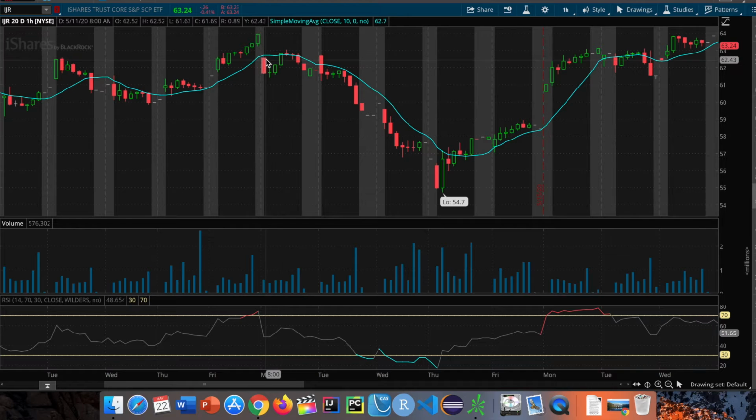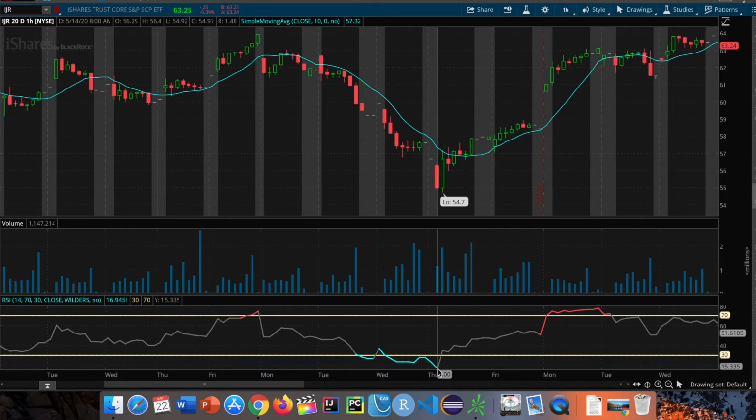Once you pair up the RSI with another indicator, it signals that this is an exit point, as this ETF is going to go down in price. Once the RSI indicates it and it breaks this SMA line, it goes into a downtrend and uses the SMA line as a resistance point, as it keeps testing it multiple times before going down to its low at 54.7.